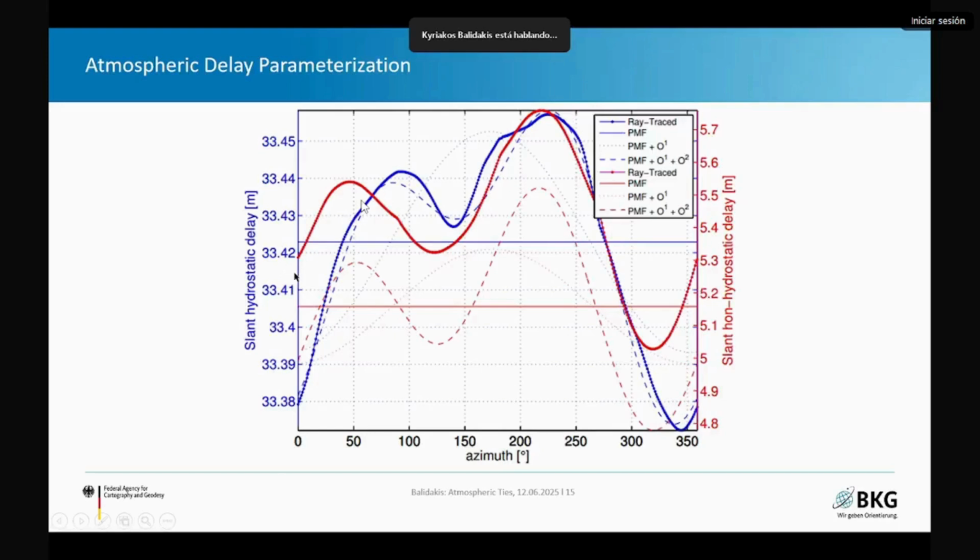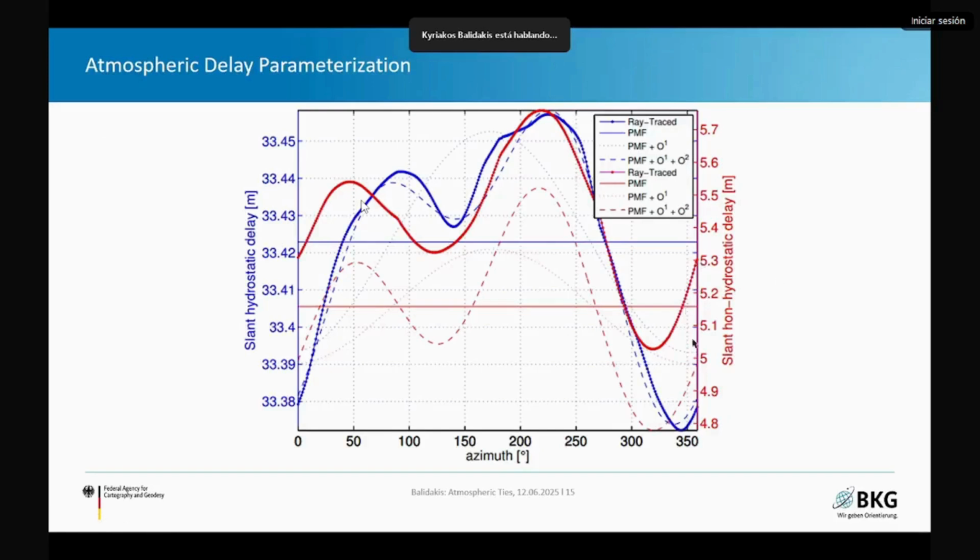If you choose to use only the symmetric delay, then your model is a straight line. However, you can see that this strong line shows that the delay is not constant as a function of azimuth, but changes very much.